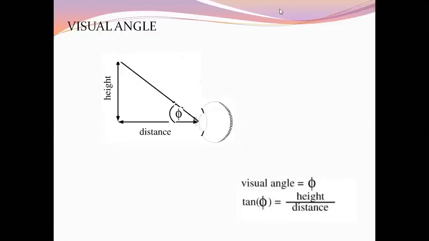The value of this angle can be found by a trigonometrical formula, that is tan phi equals height upon distance. So the visual angle will depend upon the distance of the object from the eye. As the distance of the object increases, the visual angle decreases. If the distance of the object decreases, the visual angle increases.